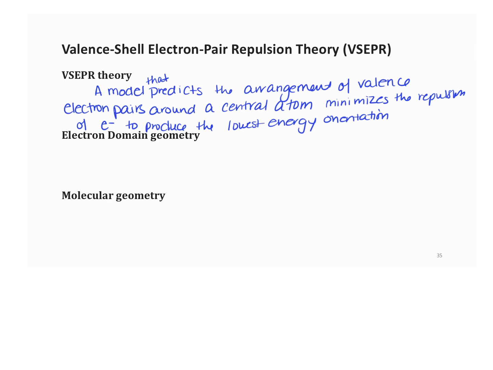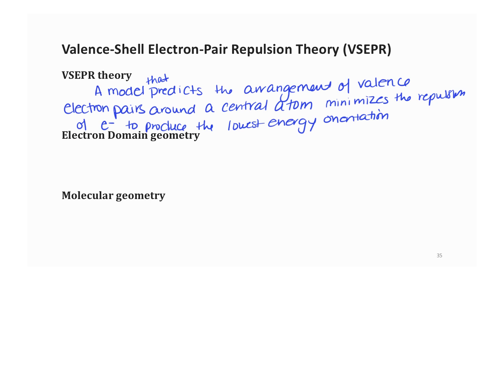Now, when we talk about VSEPR, and really what we're talking about here is the shape of the atoms, we can divide the shape of the atoms into two categories. We have an overarching category, the electron domain geometry, and then we have subcategories of that, which is the molecular geometry.